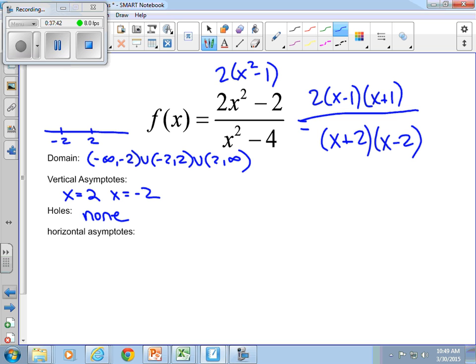Horizontal asymptote. Why is it 2? The degree of the numerator and denominator are both 2, so they're the same.